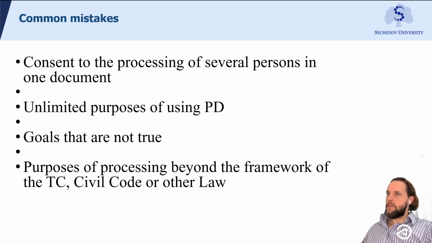Common mistakes in personal data management are related to not identifying the ways how this personal data is going to be used, and lacking persons who are responsible for it, and so on.